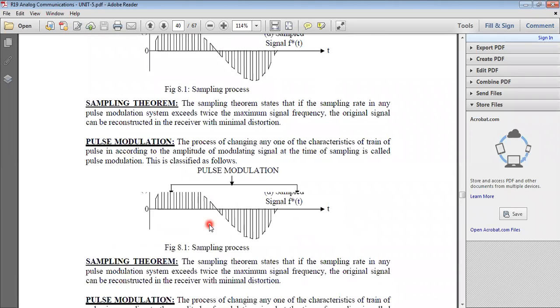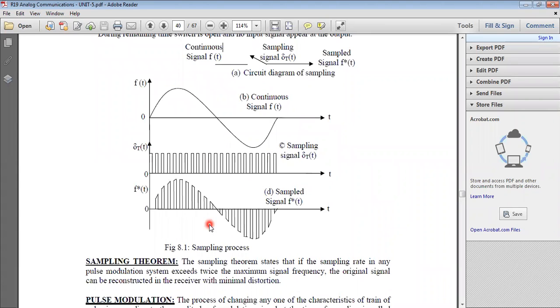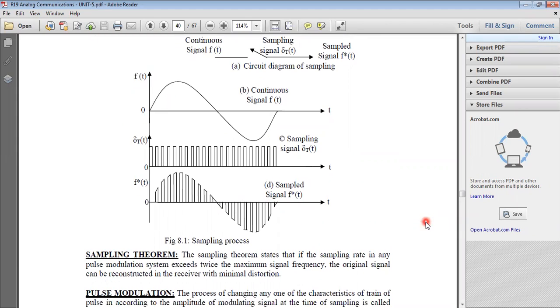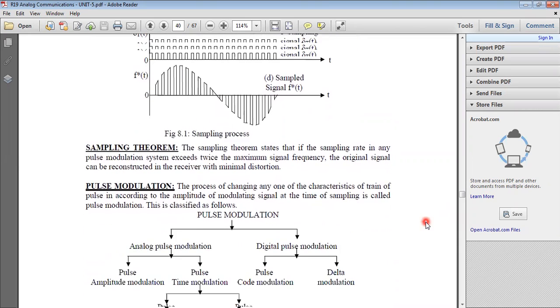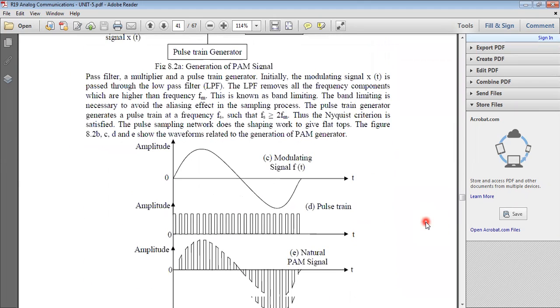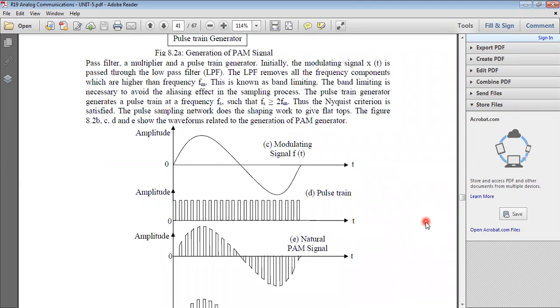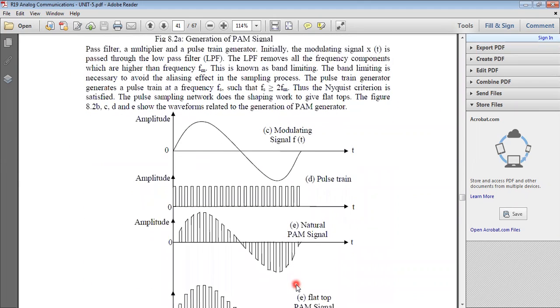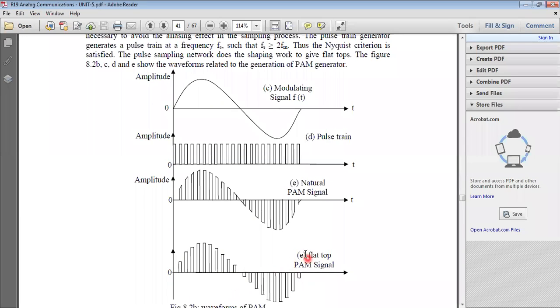Now if you observe the waveforms, this is the PAM signal. This is the message signal, that is nothing but the modulating signal.